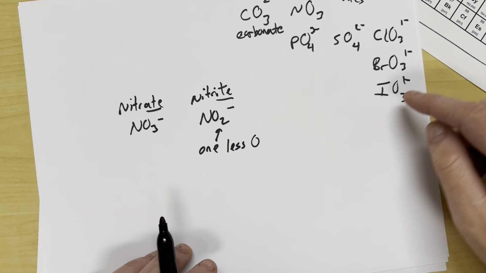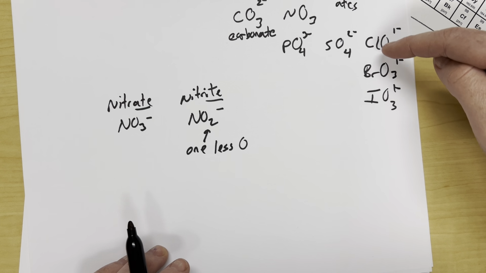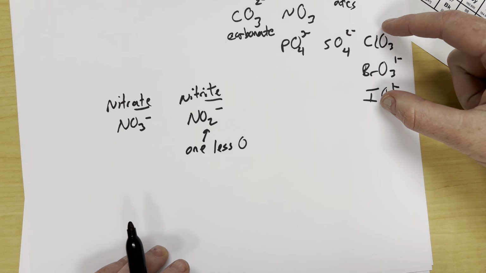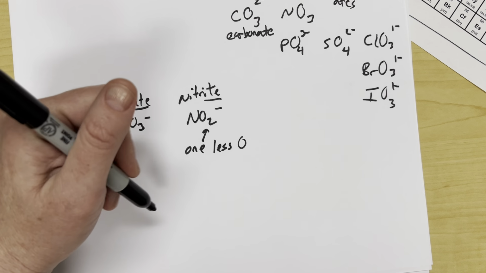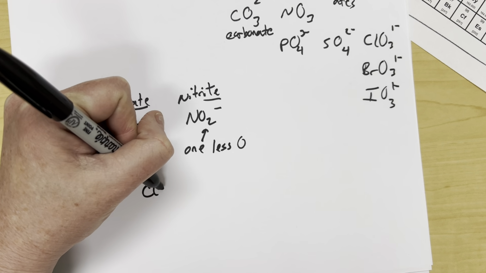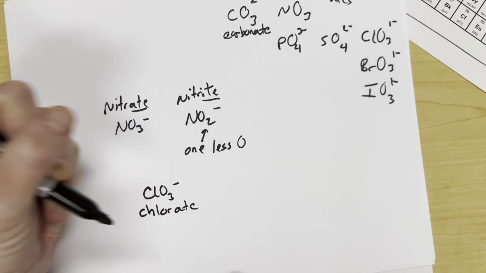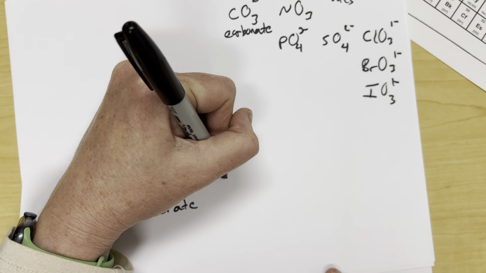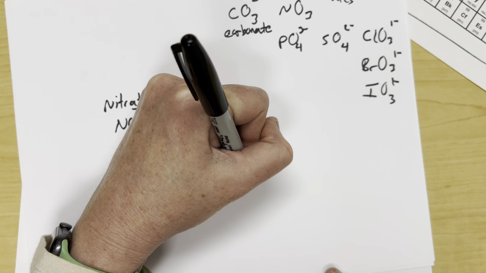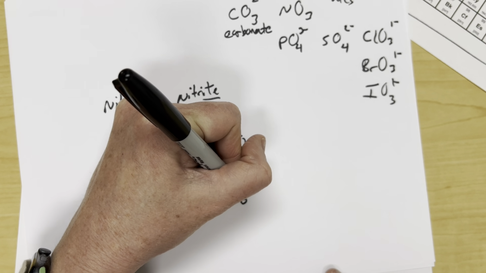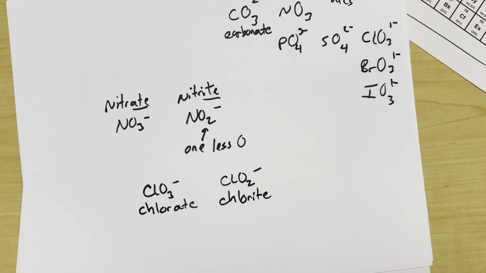So let's look at chlorate here. This only works for these 3. Only the chlorate, bromate, iodate, only those 3 can do the following. So we said, okay, chlorate is ClO3 negative. Chlorite we would know would have to be ClO2 negative. 1 less oxygen, everything else the same.